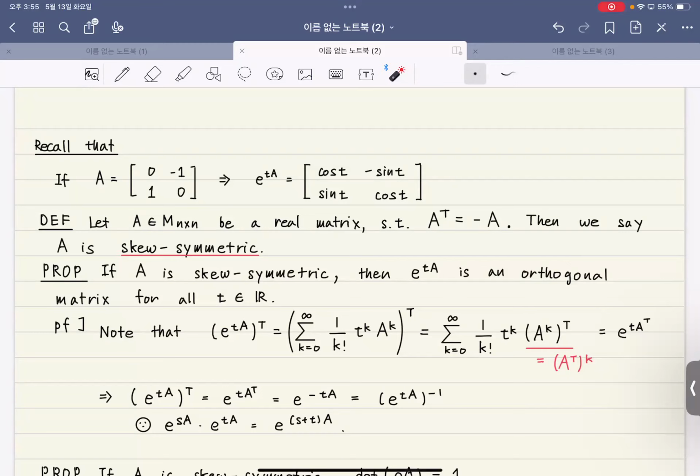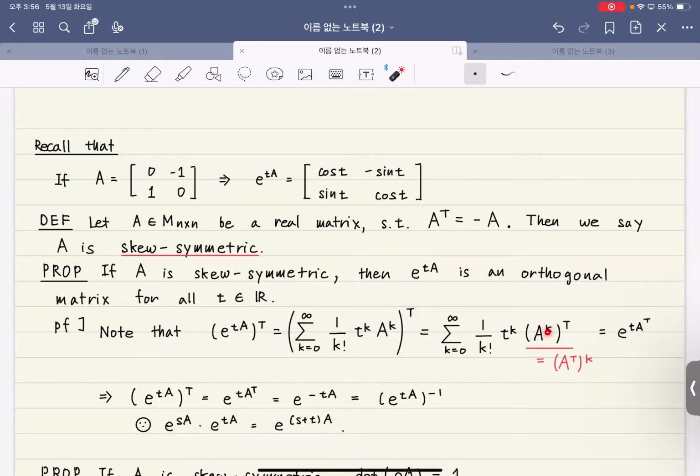Okay, so to prove this, I will need to show that the transpose of this guy is the inverse of itself. So because of that reason, I try to take the transpose of this matrix exponential. And this is our definition of the matrix exponential. I take the transpose here, but taking the transpose is just the transpose of this matrix part.